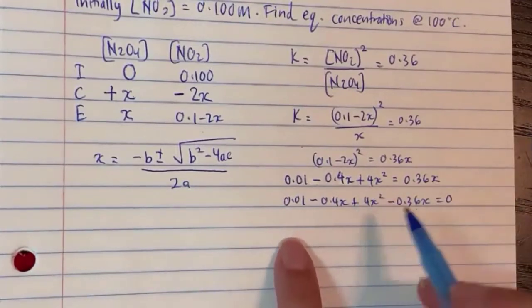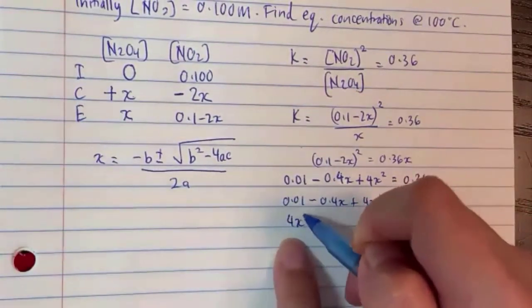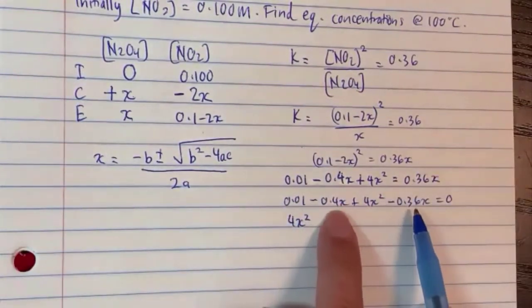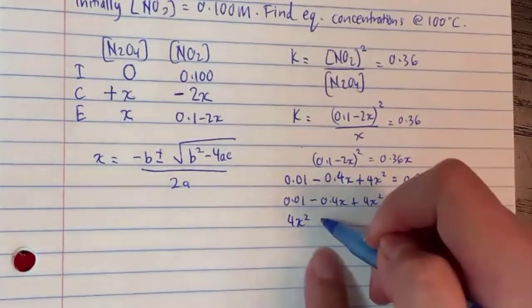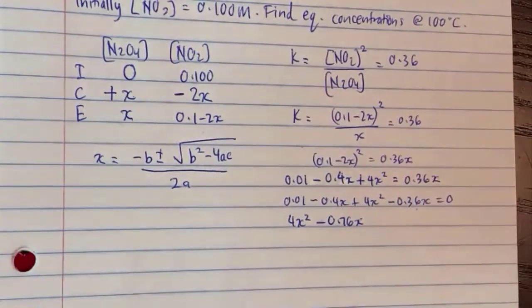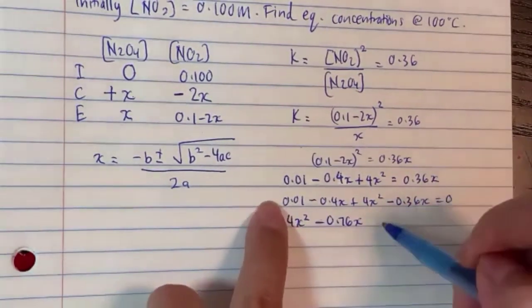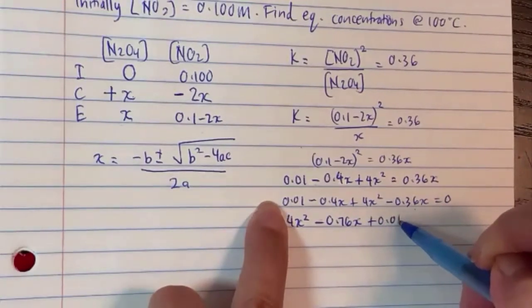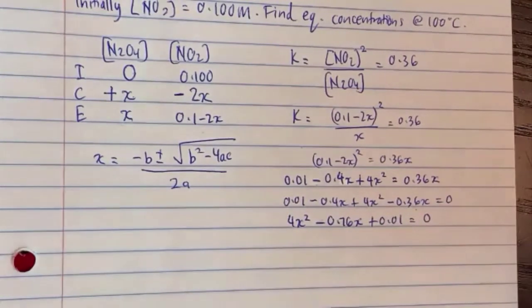See how this 4x squared is right here? And then I have 0.4x and 0.36x, both negative, and I'm going to put them together, so negative 0.76x. All right, you guys see that? And then this one here is positive 0.01, so that equals 0.